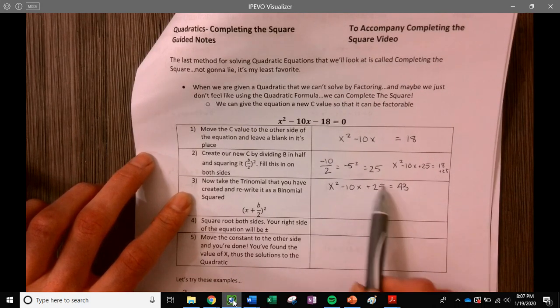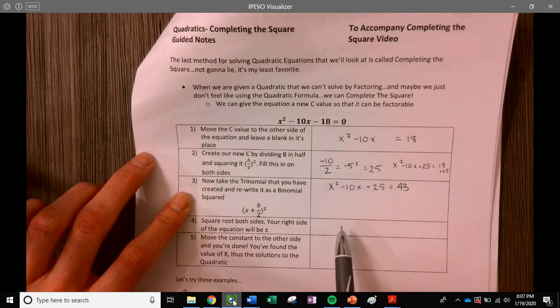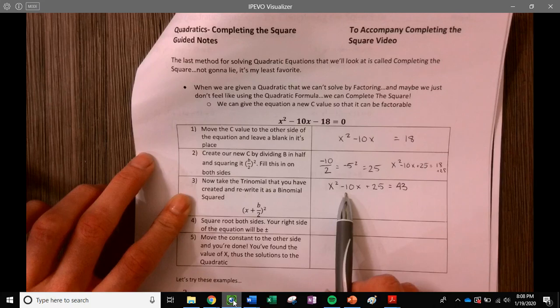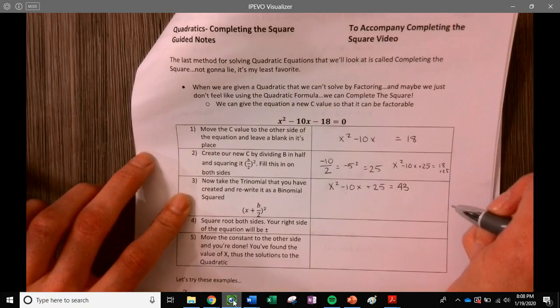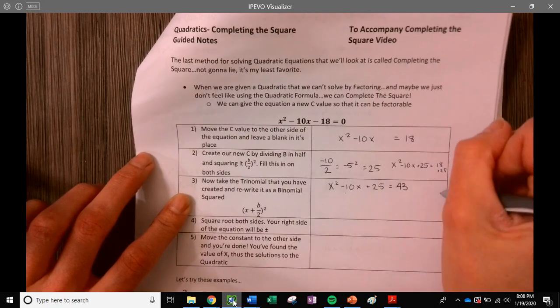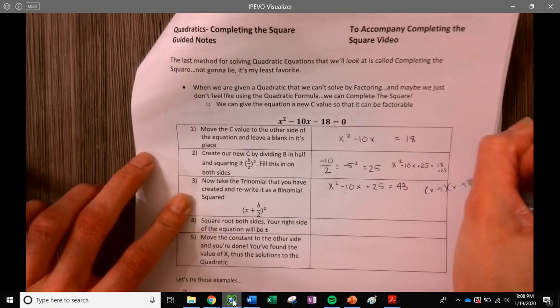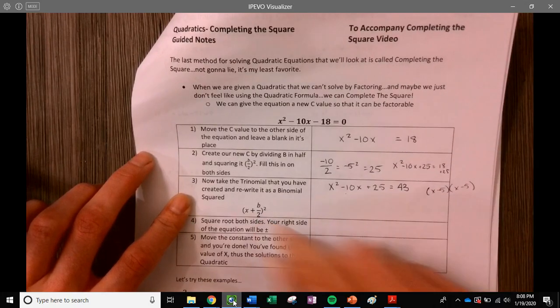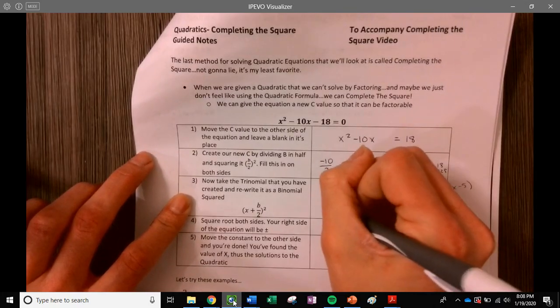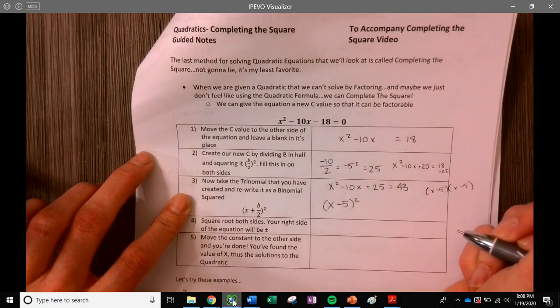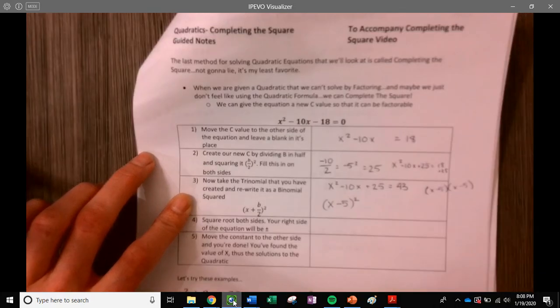Now there's a shortcut to getting to that answer, and that shortcut is you take your b value and you divide it in half, and instead of writing it as we normally would, like x minus 5 and x minus 5, we're going to write it as a binomial squared. x minus 5 squared, which is the same thing as expanding it.